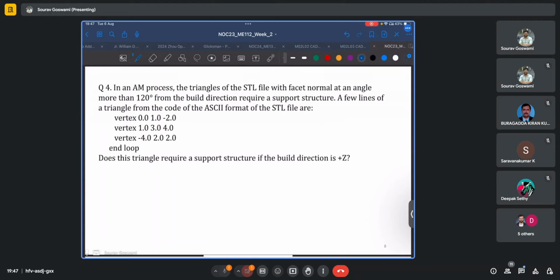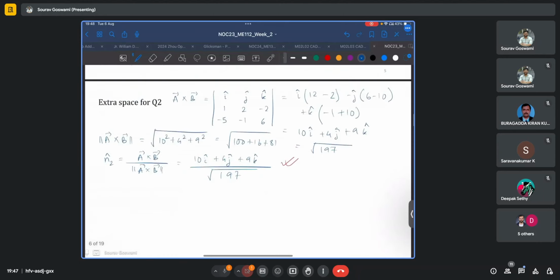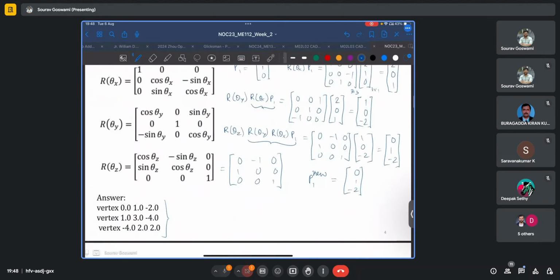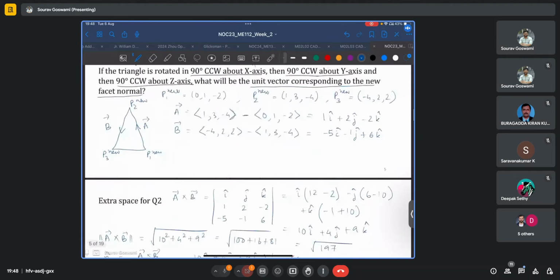If you look carefully, these points are actually the points obtained after rotating our original triangle of question 1, 0, 1, 0, minus 2, 1, 3, minus 4, and minus 4, 2, 2.